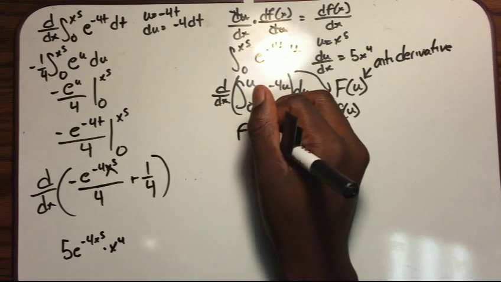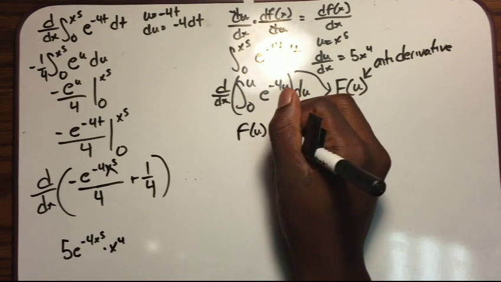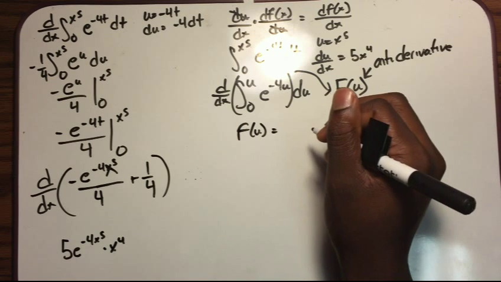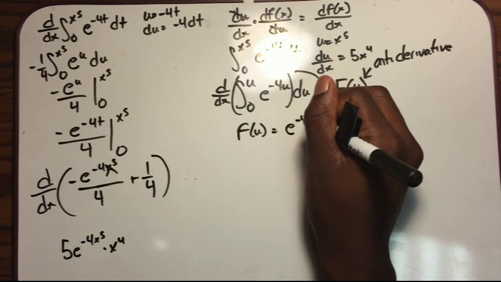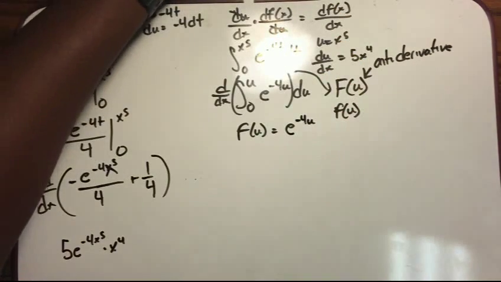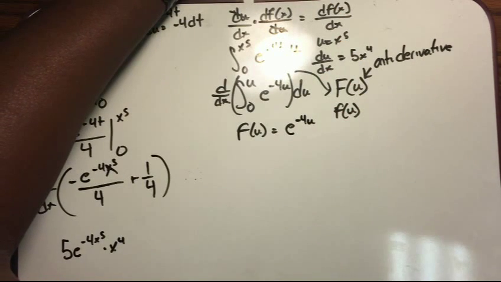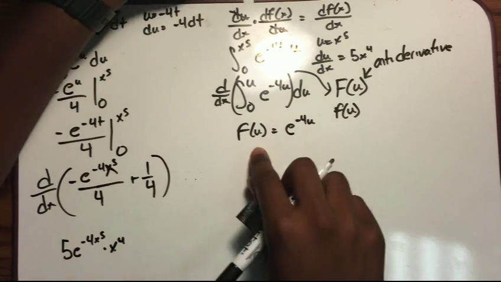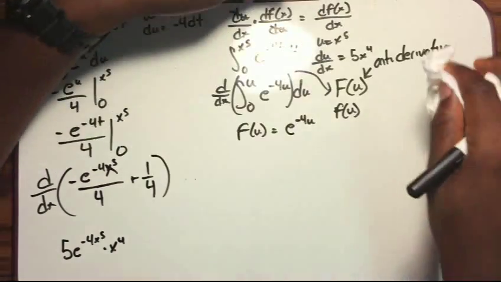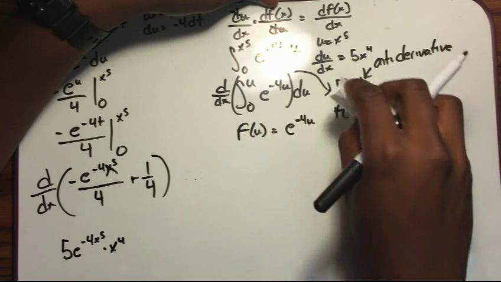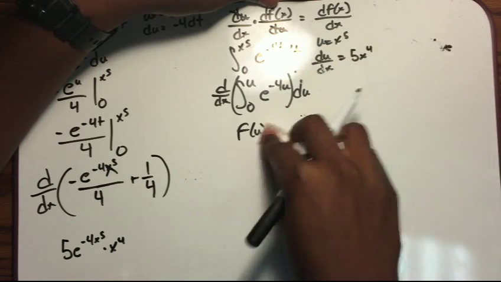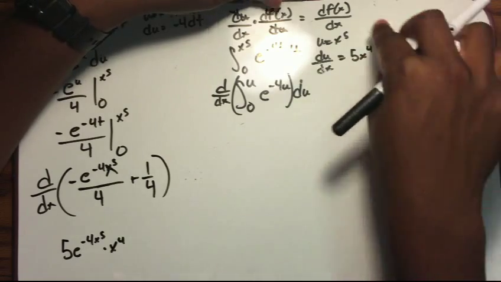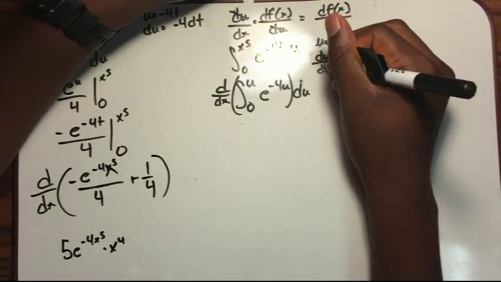This is the antiderivative, and once we take the derivative of the antiderivative, we'll get the actual function. So using the fundamental theorem of calculus, you get f of u equal to e to the negative 4u.